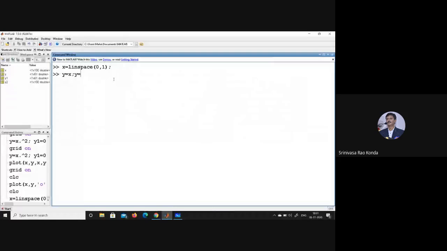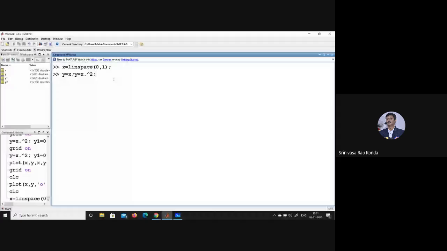That is a straight line. y is equal to x.^2, x square. y is equal to root x, x.^(1/2). That is next, y1. This is y1.